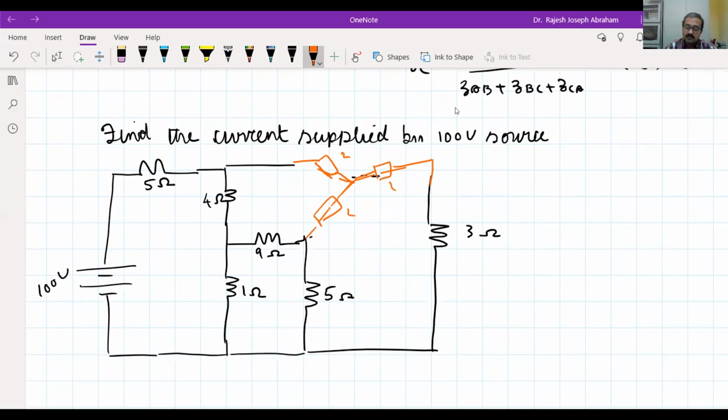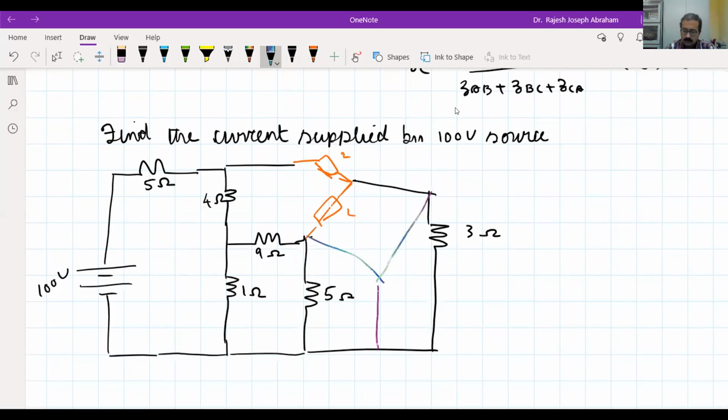I will just draw one impedance for simplification. We have to solve each resistance in each step. Just for convenience, I will rub here and show you what is happening. Since these two are in series, I can just join them. Now this is a delta, a closed path, so you can have one branch here, then one here and one here.